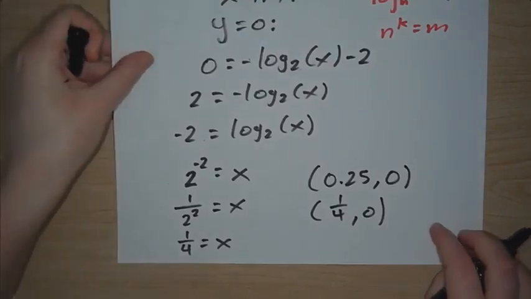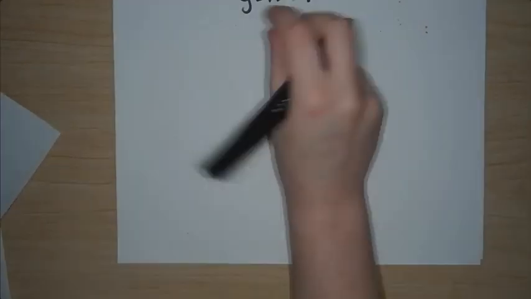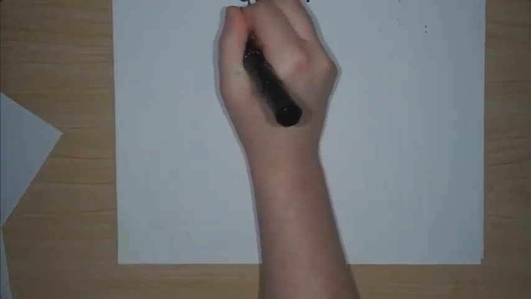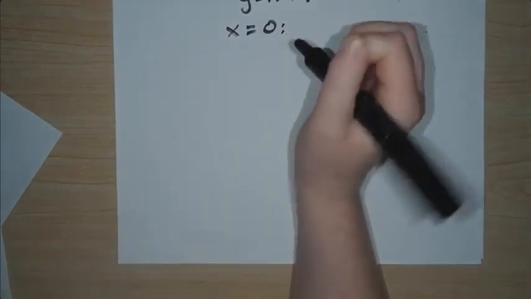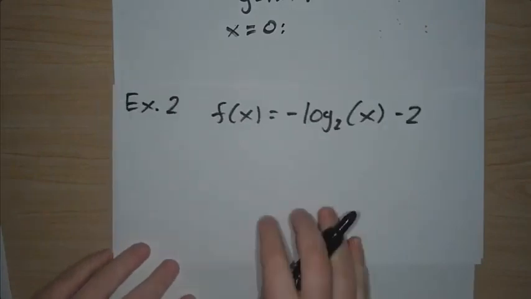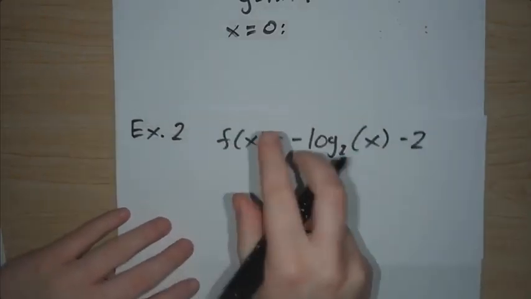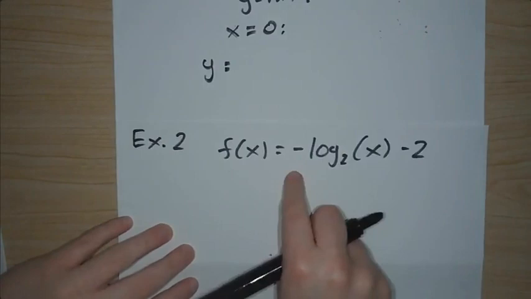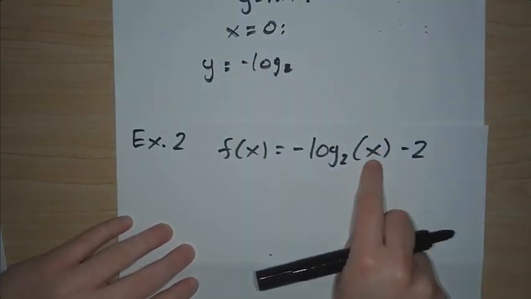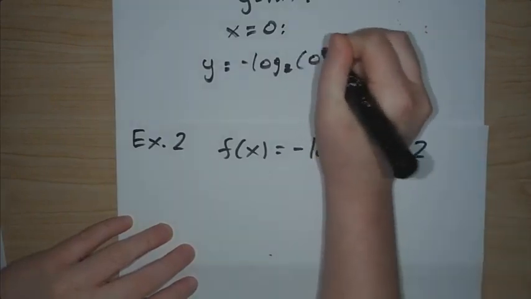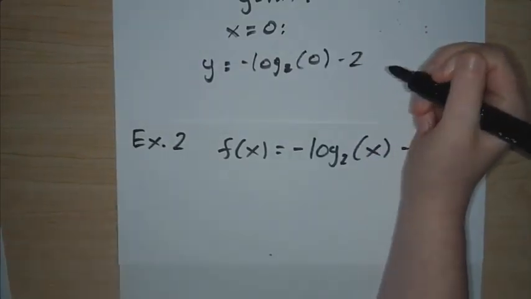So now if we don't know what our graph looks like and we want to solve for our y-intercept algebraically, we will remember that a y-intercept happens when x is equal to 0. So going over to our function here and substituting f of x with y, we have y is equal to negative log base 2 of 0 minus 2.